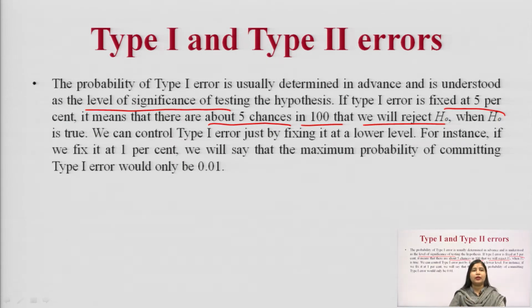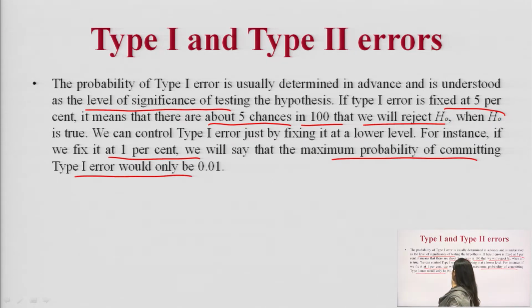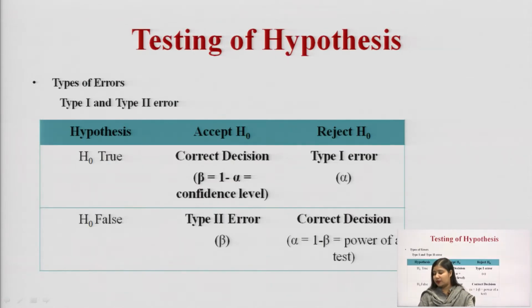For instance, if you fix it at 1%, it says that the maximum probability of committing the type 1 error is only 0.01, or just 1% of making a type 1 error.